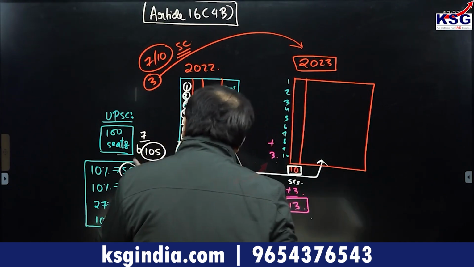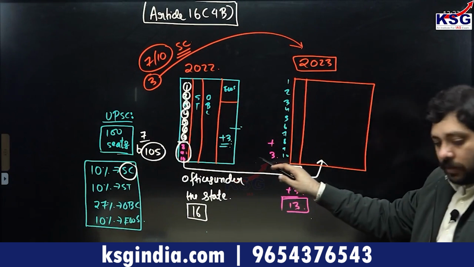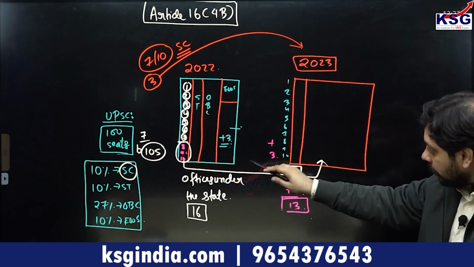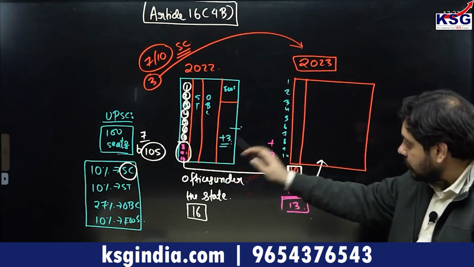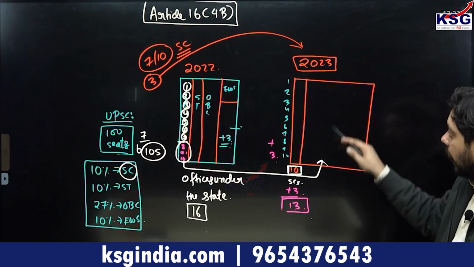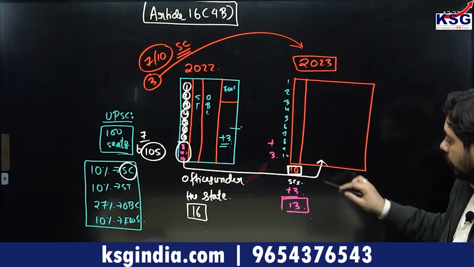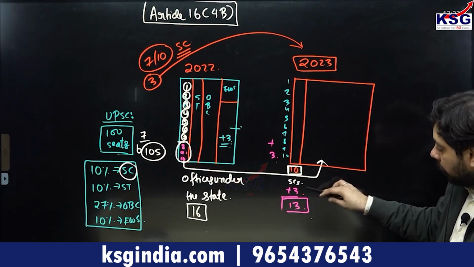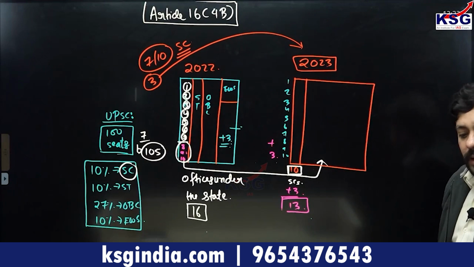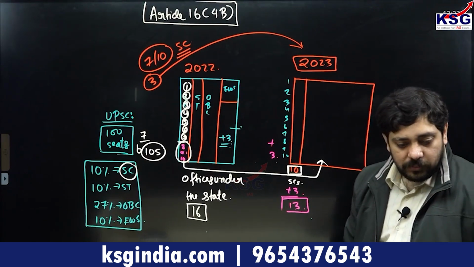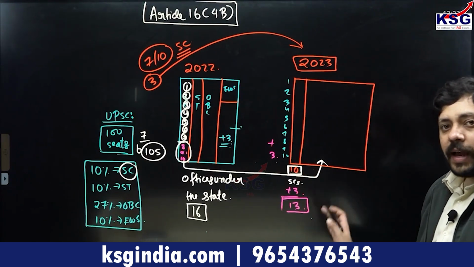So these 3 remaining seats in the case of Scheduled Castes are carried forward, and in 2023, in addition to 10, you will have 3 more seats: 10 plus 3 is 13 seats. Do I make myself clear, class? This is what is known as the carry forward rule.